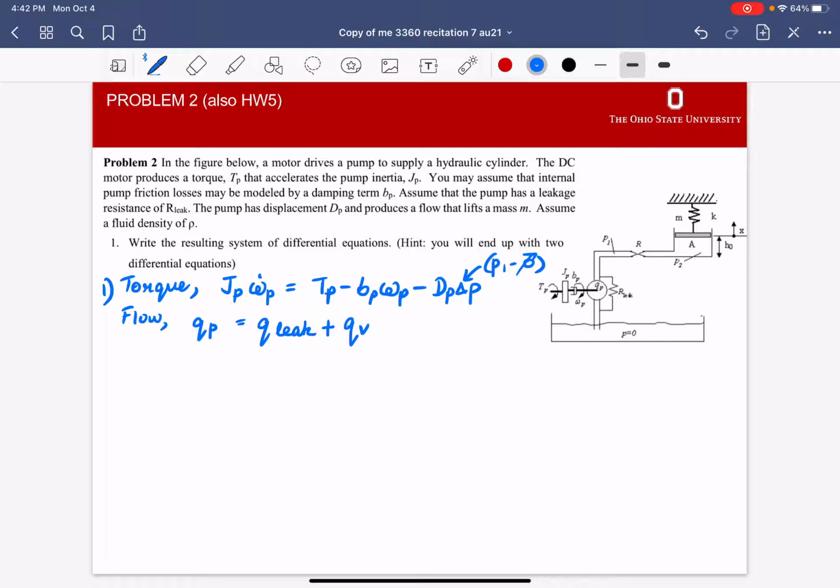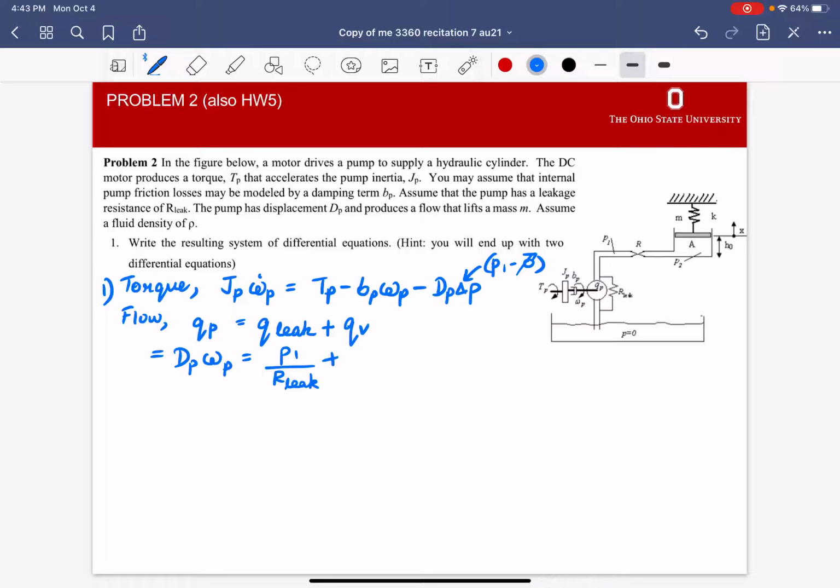Now let's simplify these in terms of the characteristics of the pump. So we have dP times omega P, and Q leak, as you guys remember from last time, was the pressure drop divided by the leakage resistance for that pump. So that would be P1 divided by R leak, plus Qv.